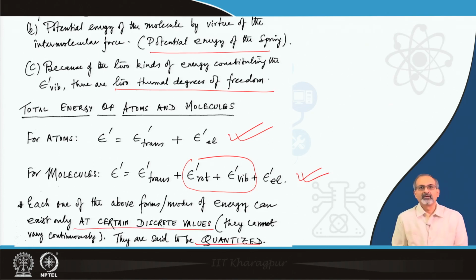Whichever mode of energy that you look at, they have this quantization in their behavior. That means you can jump from one discrete level to another, you cannot lie in between.